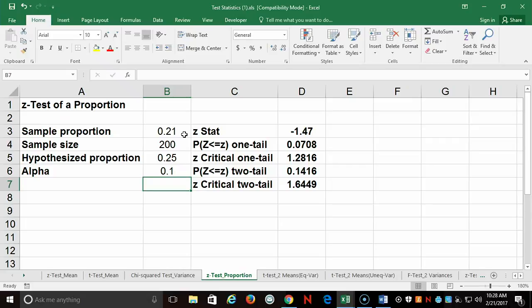Does this make sense? The one we just did, we got a sample proportion of 0.9273. Our sample size was 165. Our hypothesized proportion was 0.92. And our alpha was 0.05. There's that p-value that we calculated out manually, 36%, which in a word means no evidence.